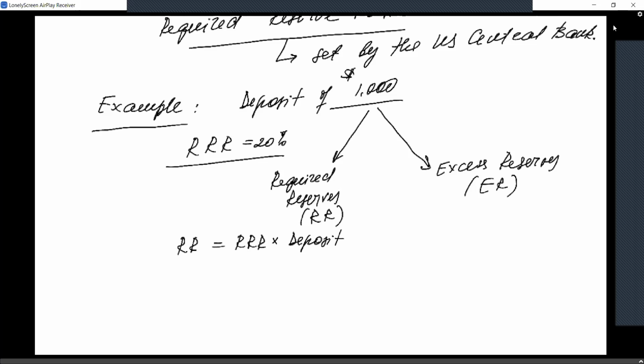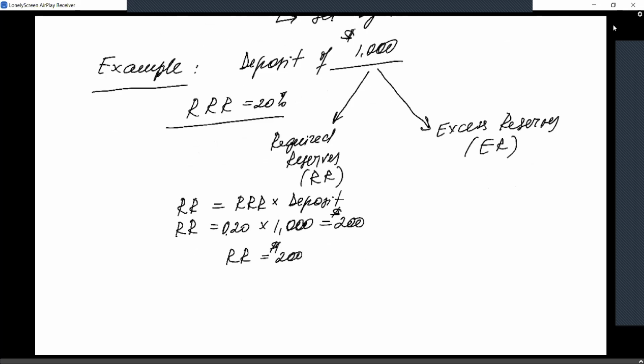In our example, the required reserve portion of the $1,000 deposit would be 20% times $1,000. That gives us, that's right, $200. So out of the $1,000 deposit that just came in, required reserves will be $200. Let me make sure that I give you the right number. So 1,000 times 0.2, that's right, 200.